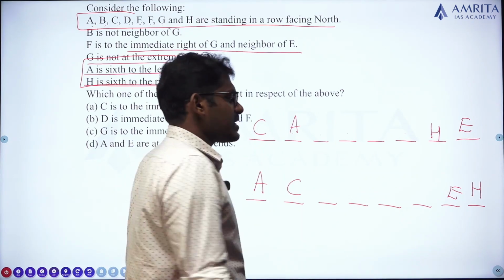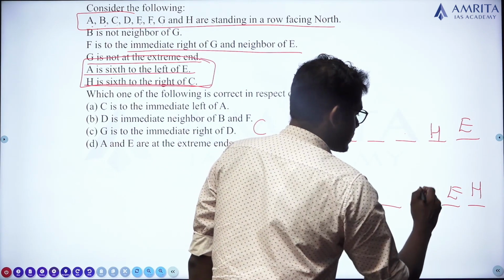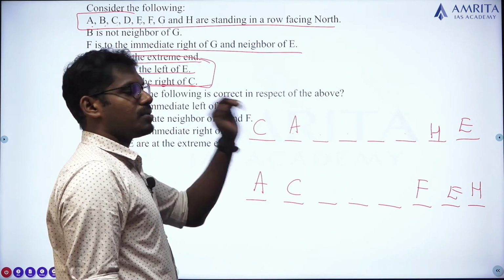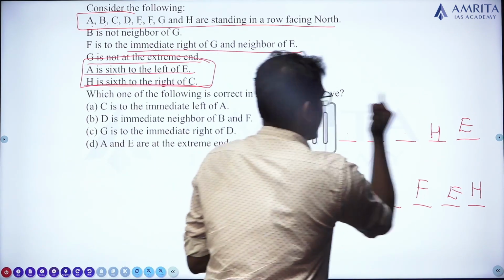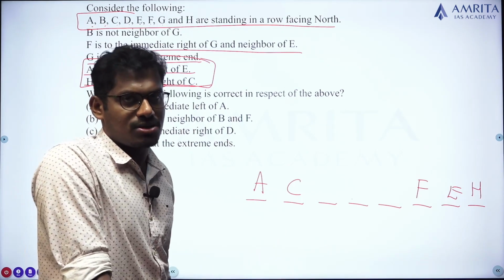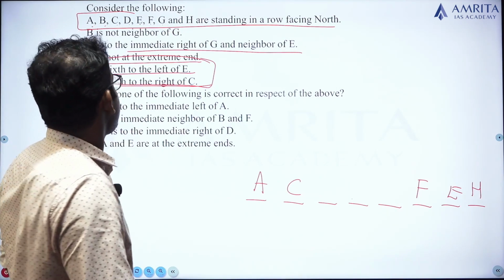But in the other case, F can be a neighbor of E, which means this first possibility is not possible. So I am ruling out the first possibility. Now I am sticking strictly to the second possibility. F is the neighbor of E. Is it possible? Okay, fine.